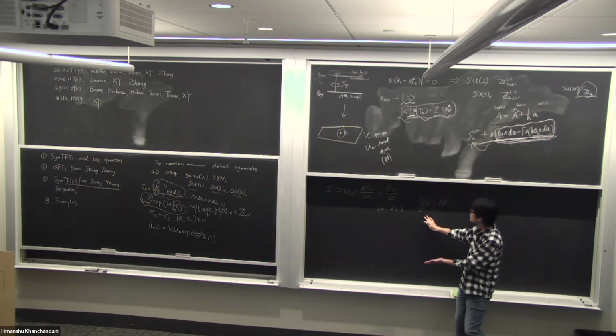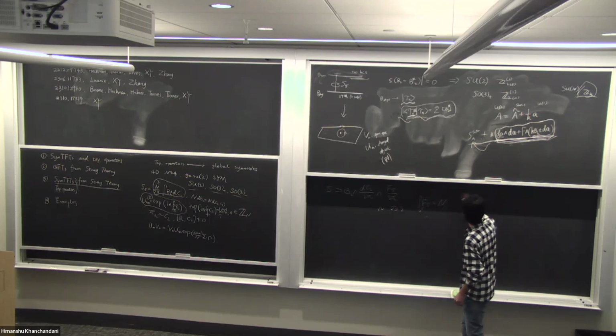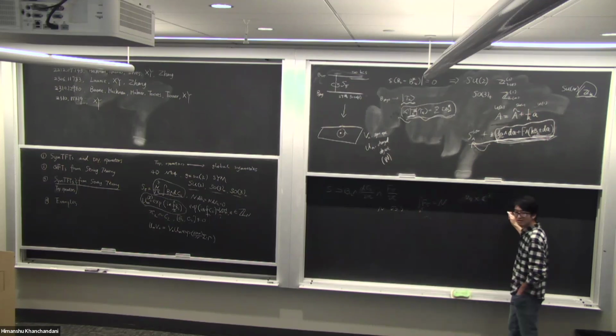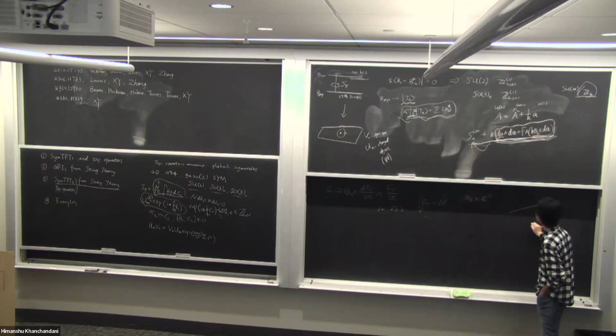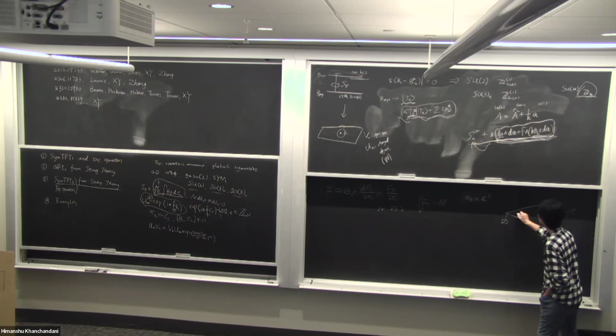Like the D3 brane, it sources an F5 flux over the S5. Let's say I have an M4 times R^3, and then I can write that picture like this. This is where I put my D3. Asymptotically, at infinity, I have the S5. So this is the R direction.